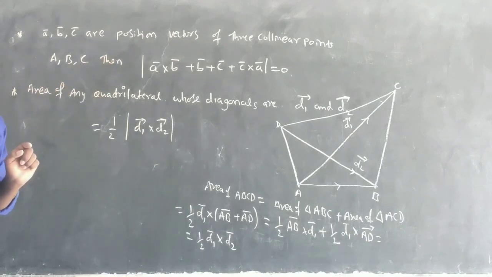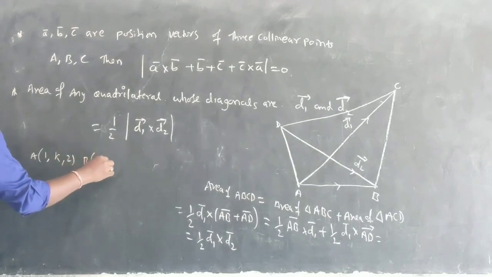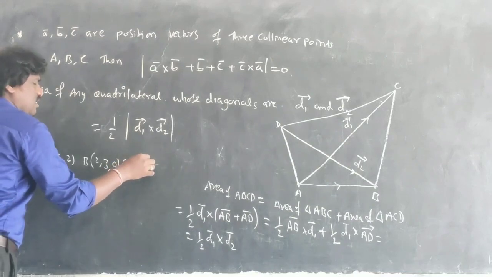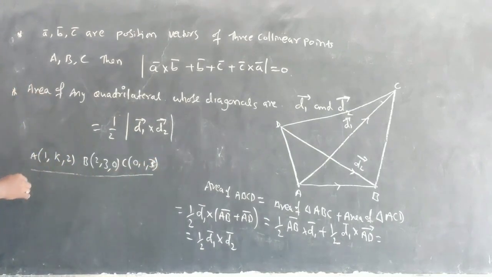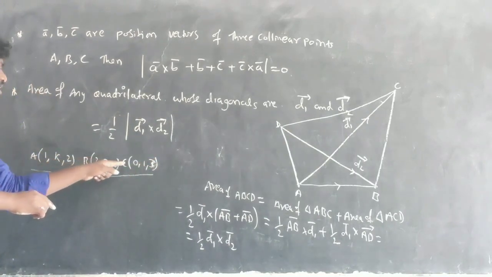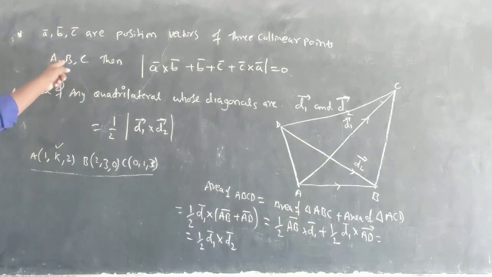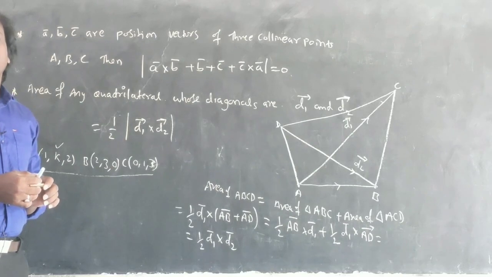Now they may give, like, A is a vertex of 1 k 2, B is a vertex of 2 3 0, and C is a vertex of something, whatever it may be. Suppose they said the points are collinear, then find the value of k. At that time we will use that the area of the triangle will be 0. If they are collinear, the area of the triangle will be 0.